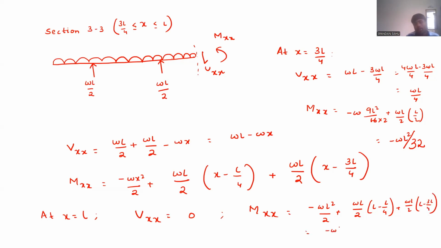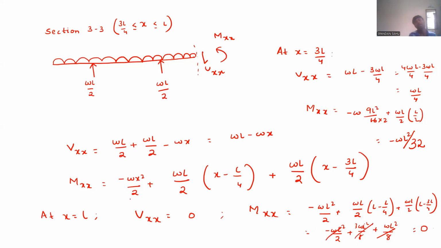So upon simplification, it will be minus WL square by 2 plus WL by 2 into 3L by 4, so 3WL square by 8, then plus WL by 2 into 4L minus 3L, that is L by 4, so WL square by 8. So 4WL square by 8 each. So everything will get deducted and you will be getting Mxx equal to 0.